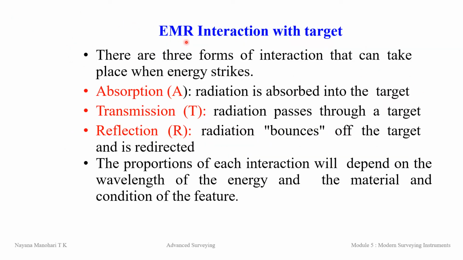Next is electromagnetic radiation interaction with the target. All electromagnetic radiation has to pass through the atmosphere in order to reach the Earth's surface and the sensor, after reflection and emission from Earth's surface features. Water vapor, oxygen, ozone, and carbon dioxide aerosols present in the atmosphere influence electromagnetic radiation through the mechanism of scattering and absorption.